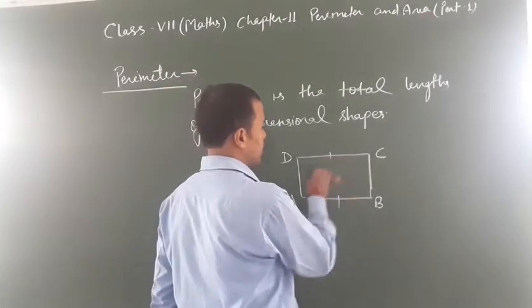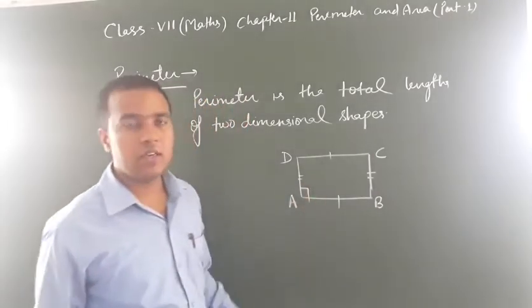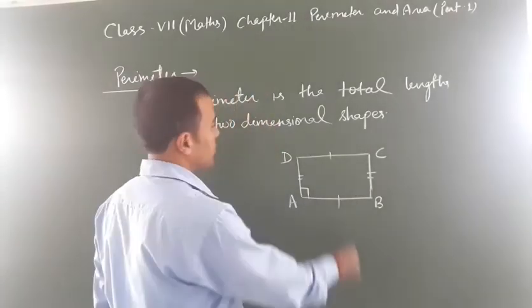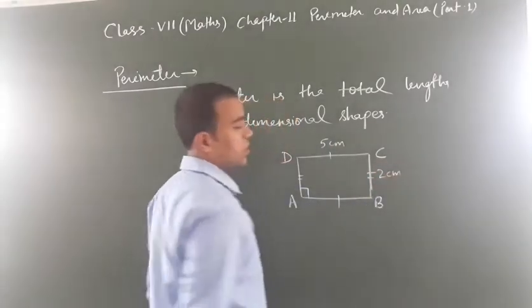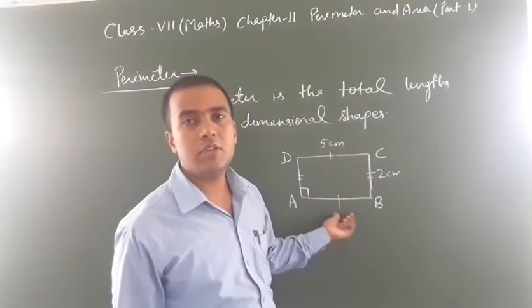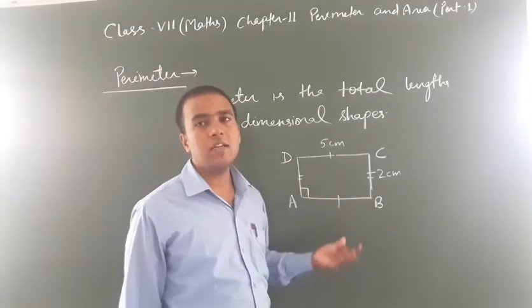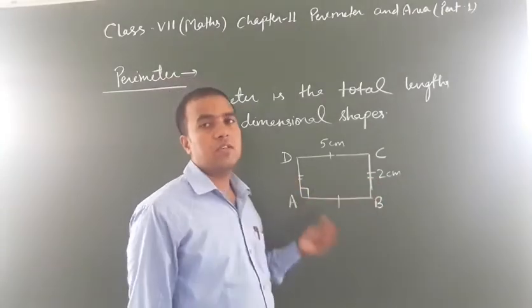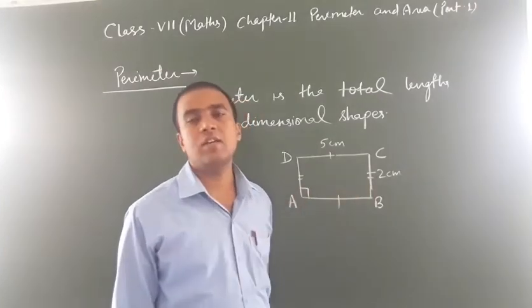Each angle is 90 degrees. Suppose this side is 5 centimeters and this side is 2 centimeters. So this is also 5 centimeters, because in a rectangle opposite sides are equal. This is 2 centimeters, this is also 2 centimeters.